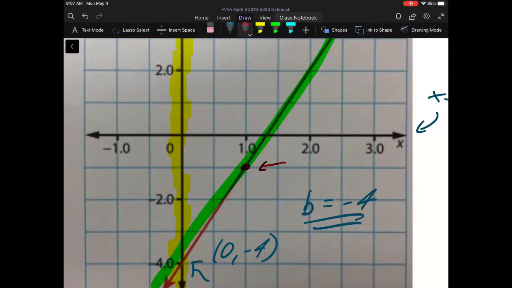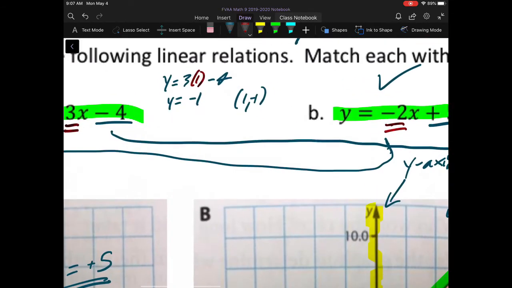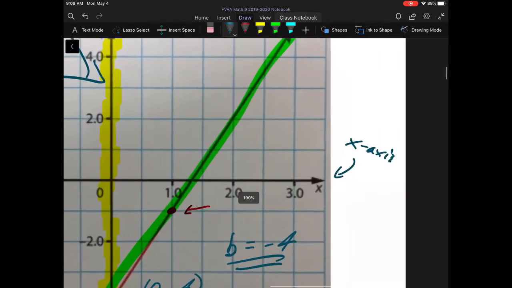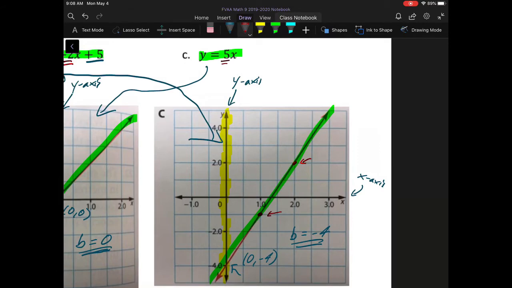It's not a bad idea to use 2 separate points, not just 1 point, just to be sure. So maybe I'll plug in 2 now, minus 4. That's going to give me y is equal to 6. That's 2, so 2 and 2. This should also be on my graph. And sure enough, 2 and 2 shows up right there. So that confirms that the equation and the graph match.